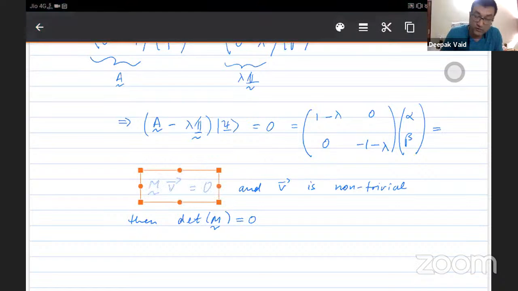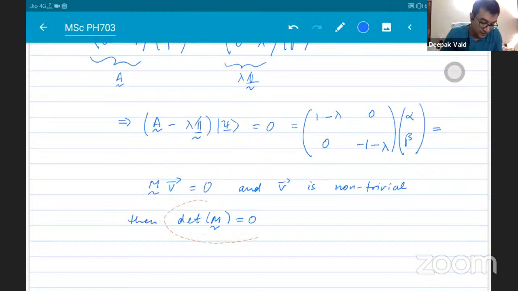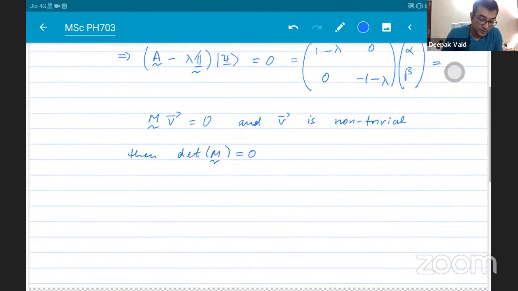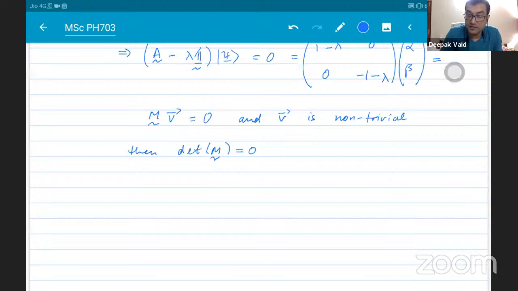For this equation to have a solution, the determinant of M has to be equal to 0. You can show this. This is a very basic step in linear algebra.